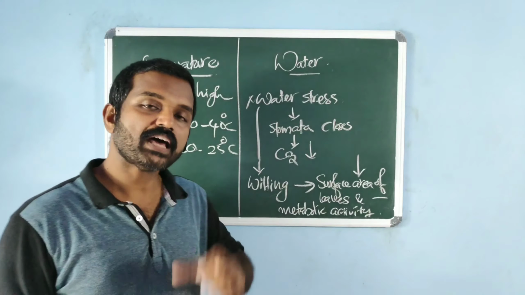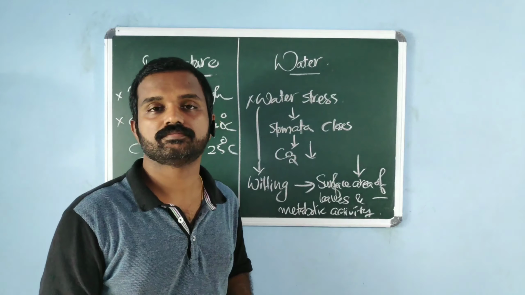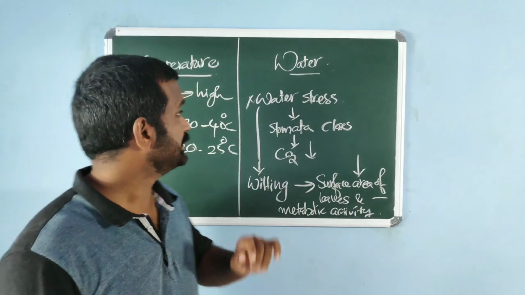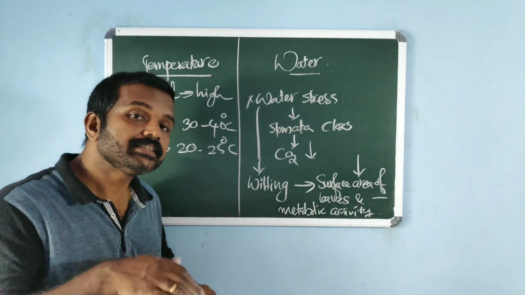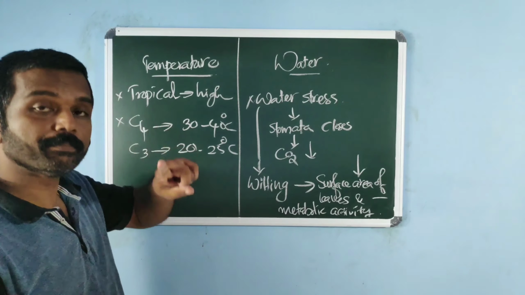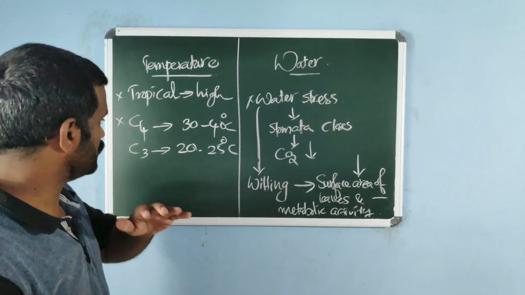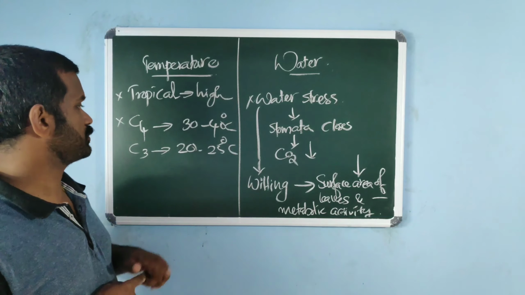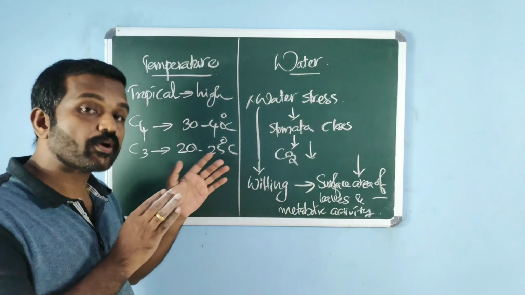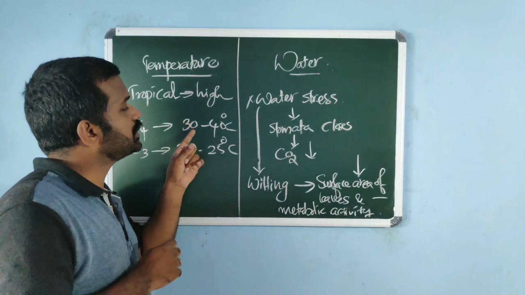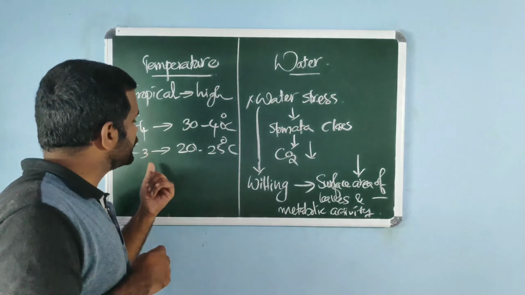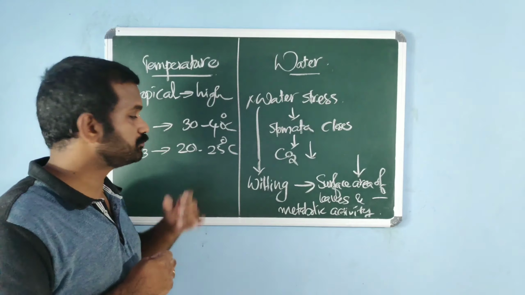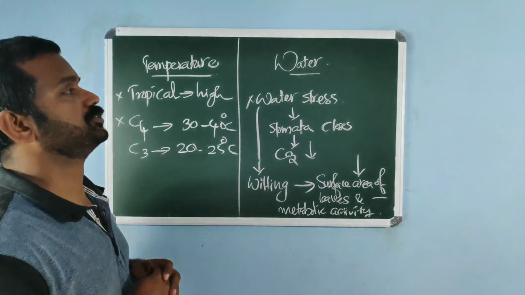Temperature. Plants require optimum temperature for photosynthesis. Tropical plants have higher temperature optimum than temperate plants. Similarly, C4 plants have higher temperature optimum than C3 plants. C4 plants require an optimum temperature in the range of 30 to 40 degrees Celsius. For C3 plants, it is in the range of 20 to 25 degrees Celsius.